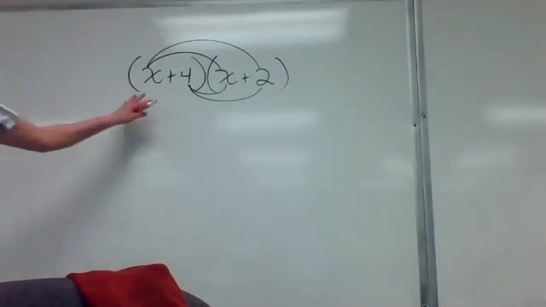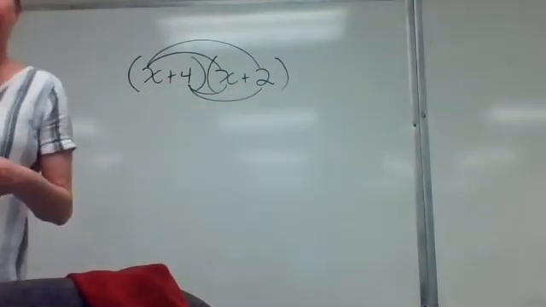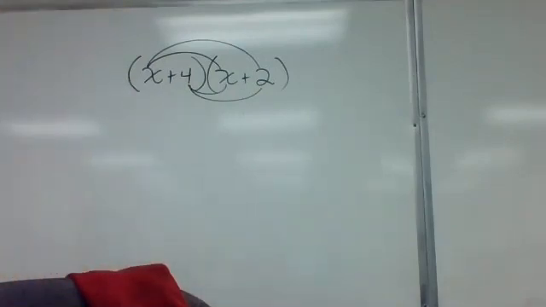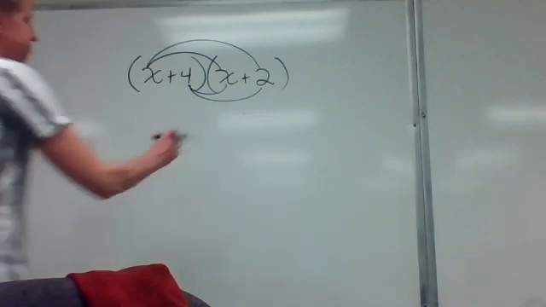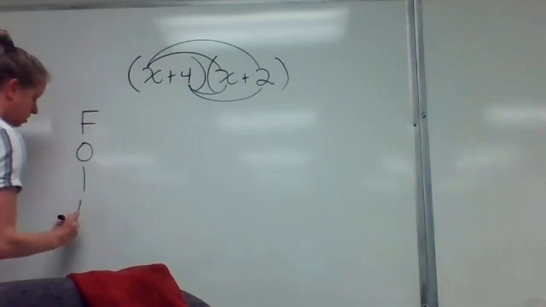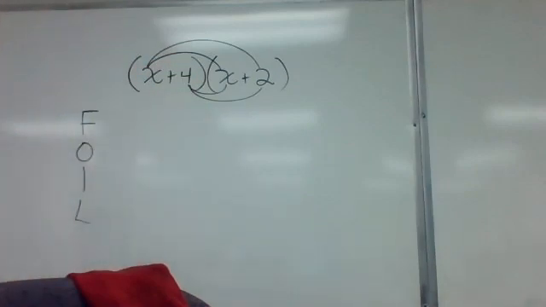Now, when you have two parentheses with two terms in each, there's an acronym that you're going to hear a lot. You're going to hear it now, you're going to hear it in college algebra, you're going to hear it all the time. So, that acronym is called FOIL. And it just is explaining the order of this distribution.